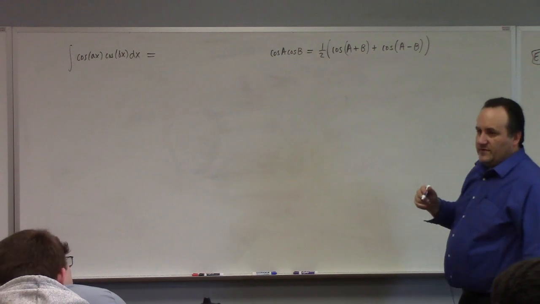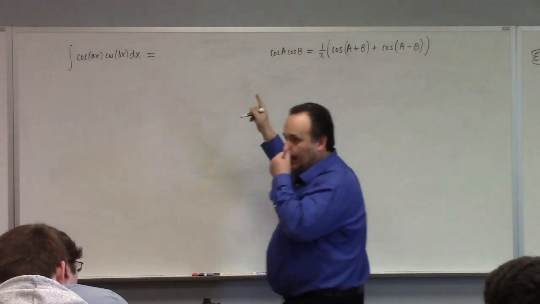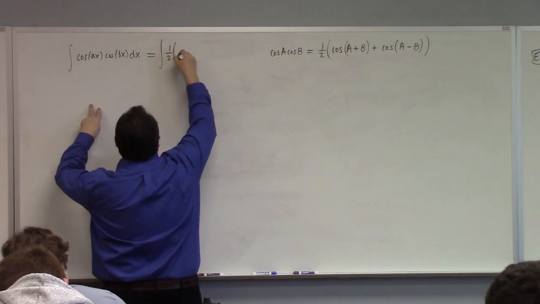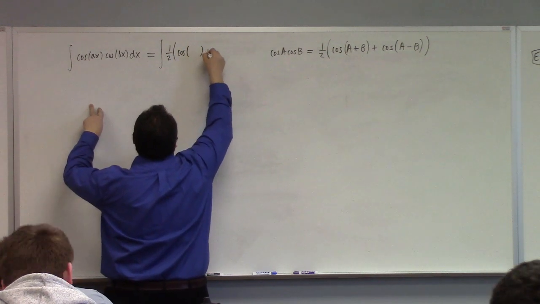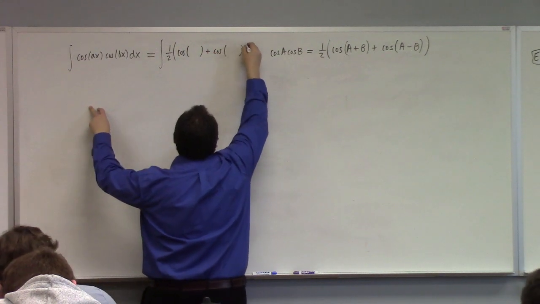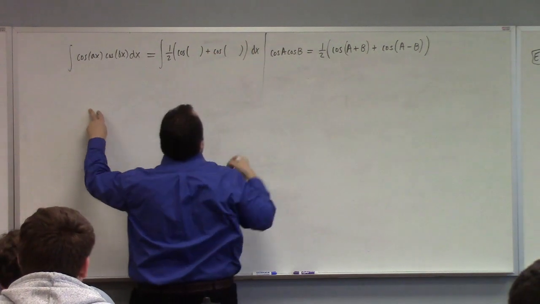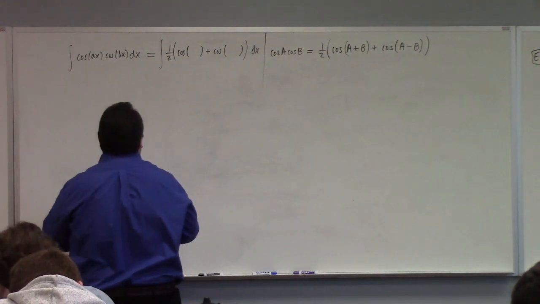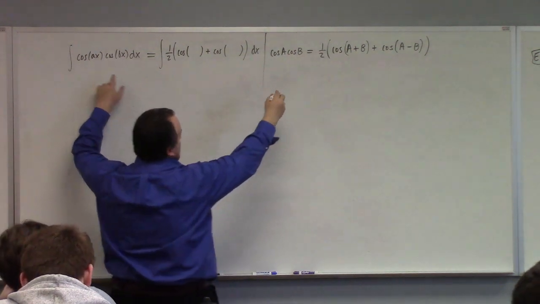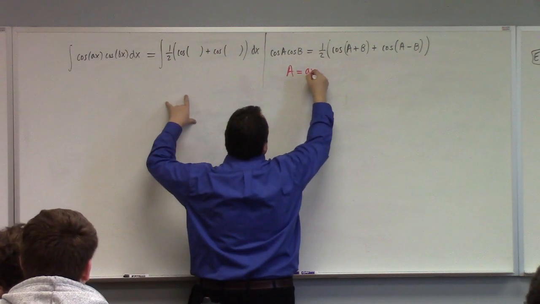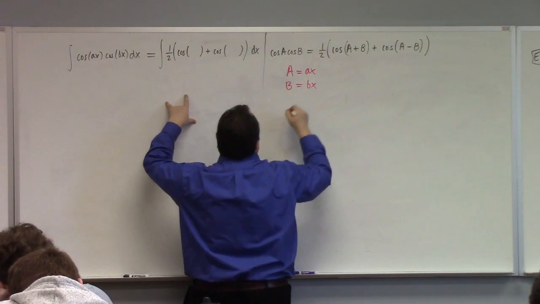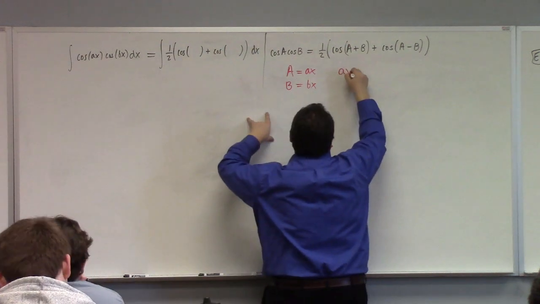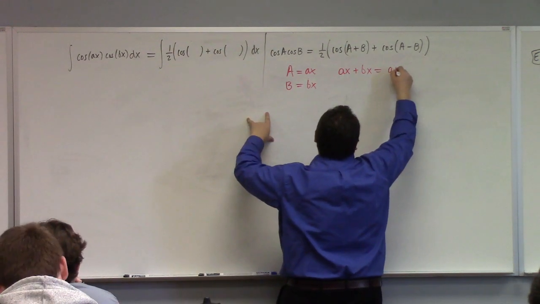So how do you do this problem? Just take this identity, right? And trade this for the integral of 1/2 cosine of something plus cosine of something dx. So think about A being AX and B being BX, right? If I have A plus B, AX plus BX is what? A plus B times X, right?